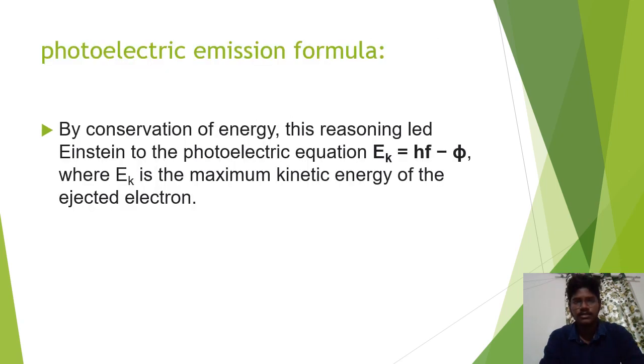Now we will see the formula of photoelectric emission by conservation of energy. This reasoning led Einstein to a photoelectric equation, which is Ek equal to hf minus chi, where Ek is the maximum kinetic energy of an ejected electron.